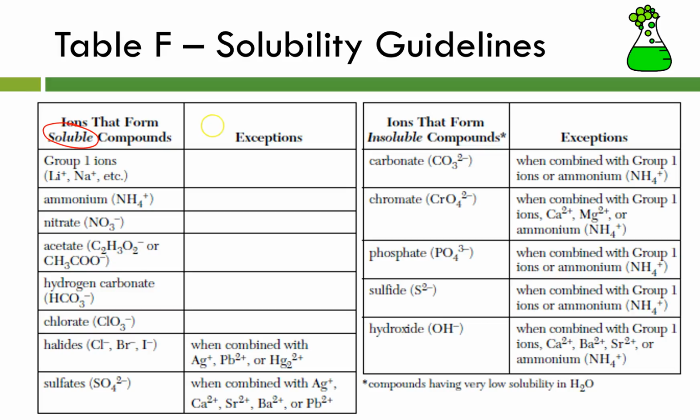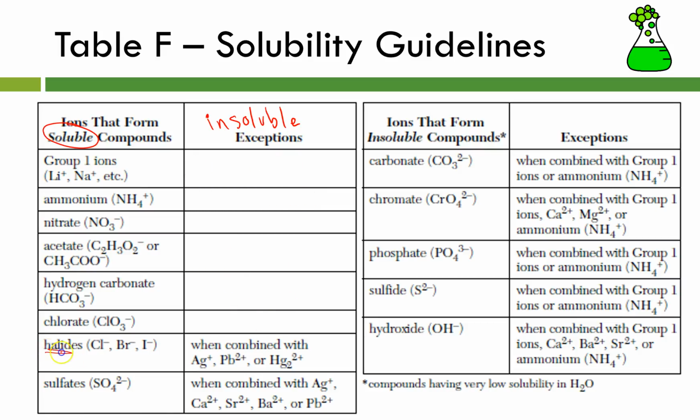The exceptions are insoluble. So there doesn't appear to be any exceptions when you have a group 1 ion as the cation, and it doesn't really matter what the anion is, there are no exceptions. That's going to be a soluble ion. You can see a lot of them have no exceptions, hence it's blank.